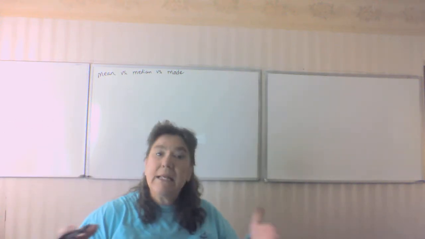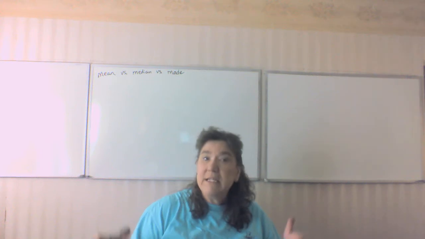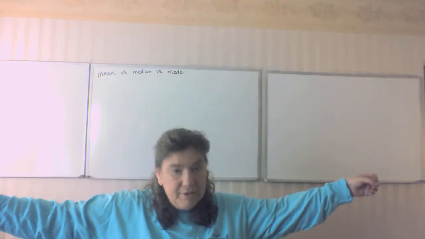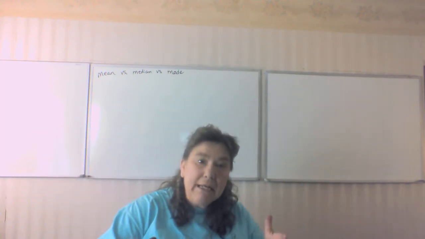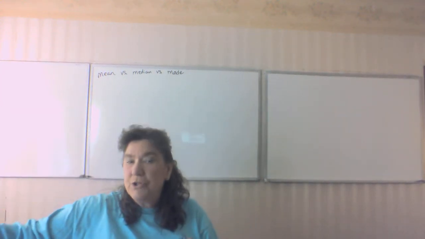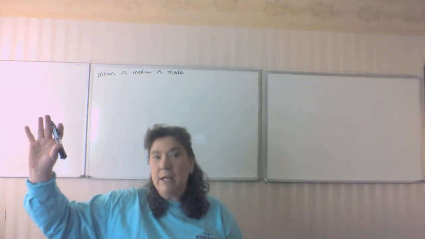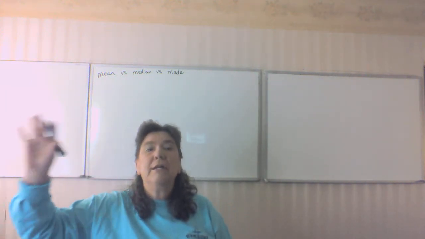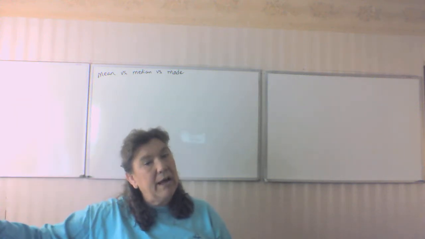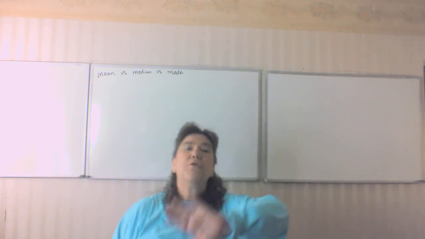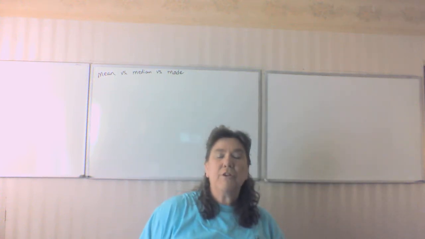The median cannot be skewed because it's the middle value no matter what of all the set of data. But the mean can be skewed according to the direction of the outlier. So if our outlier is high, it's going to skew it in the direction of a higher value. If there's an outlier that's a low number, it's going to skew it in the direction of the lower number.